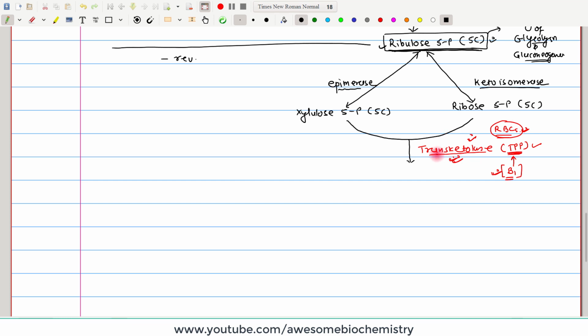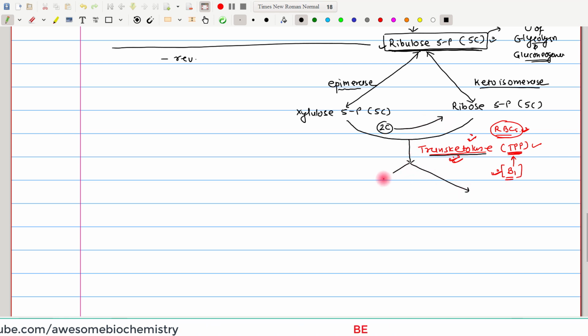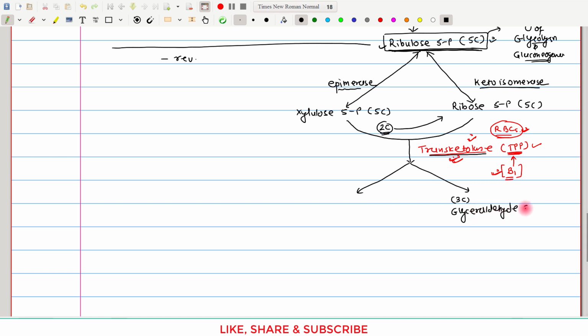Now let us see what this transketolase enzyme will do to xylulose 5-phosphate and ribose 5-phosphate. It will take 2 carbon from this xylulose 5-phosphate and transfer it to the ribose 5-phosphate. So what will happen? This xylulose 5-phosphate will lose its 2 carbon, so now it will be a 3 carbon compound, which is called glyceraldehyde 3-phosphate.